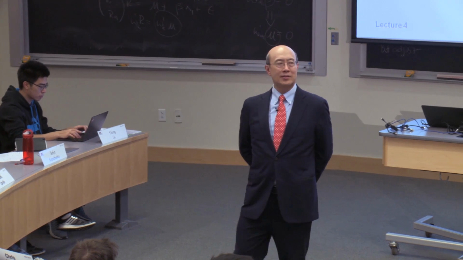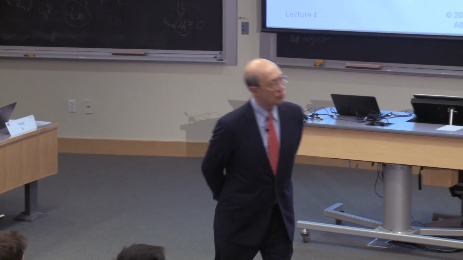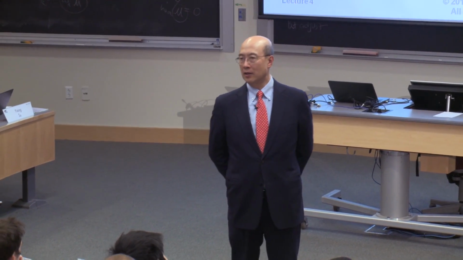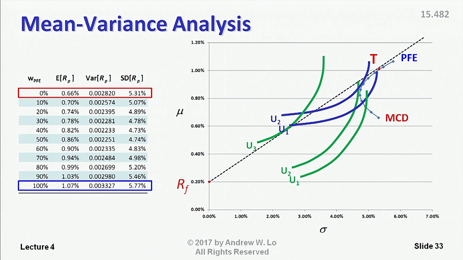Now, what's even more interesting is if you introduce a risk-free rate here, a risk-free asset. If you have a risk-free asset that pays 20 basis points per month, or 2.4% per year, then it turns out that you can make both of these individuals better off, the blue and the green, by combining the risk-free return with one very specific combination of Pfizer and McDonald's.